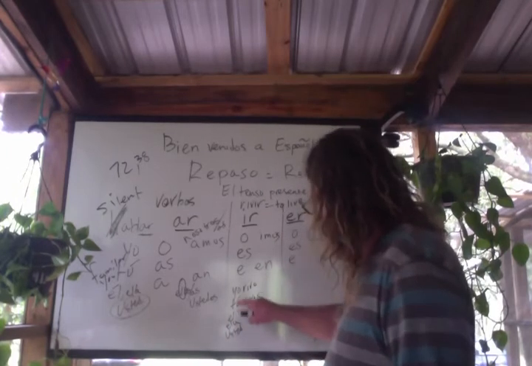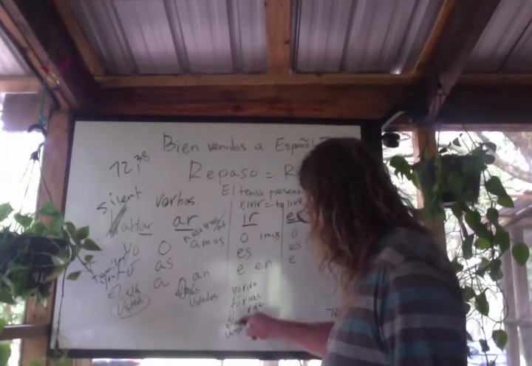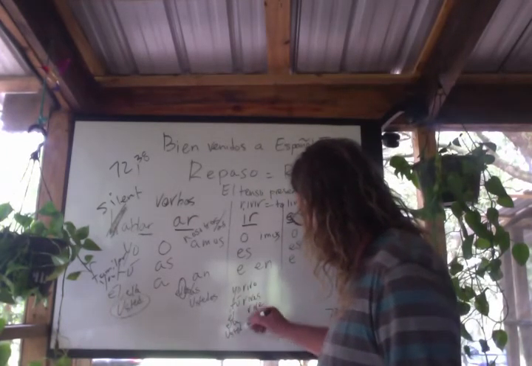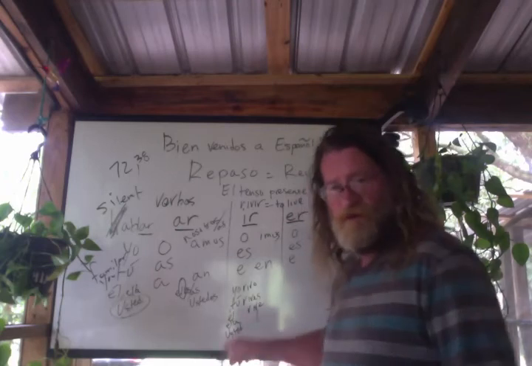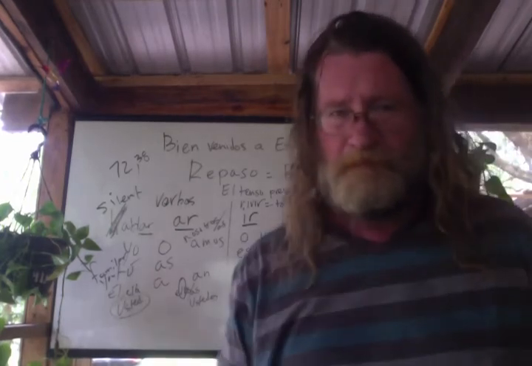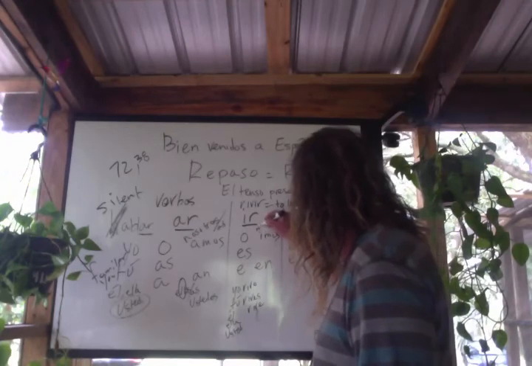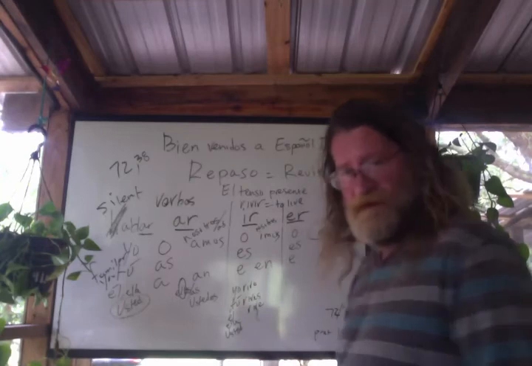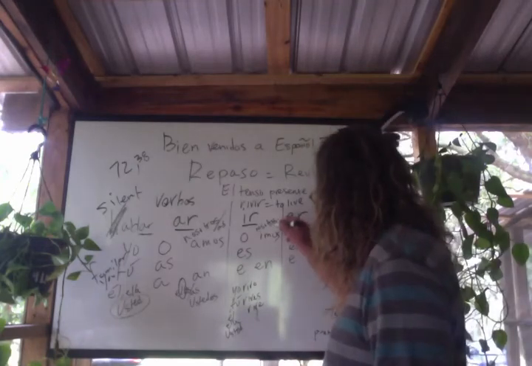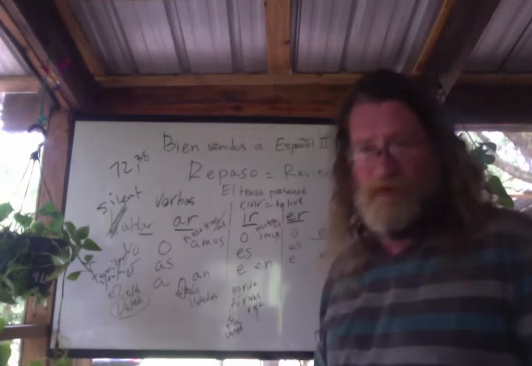So I, you, he, she, and you formal. And then it would be the we form, nosotros vivimos, and nosotras, the feminine form, vivimos.